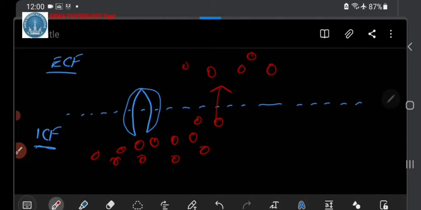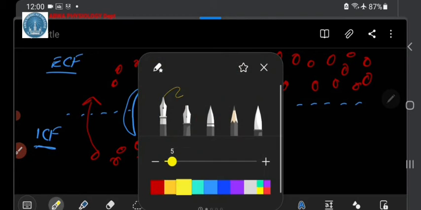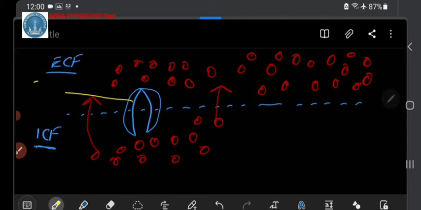But if the concentration of ions is more in extracellular fluid than intracellular fluid, then it is very difficult for these ions to move against the concentration gradient. So a pump is used, requiring energy, called the sodium potassium pump, that will move these ions against the concentration gradient.